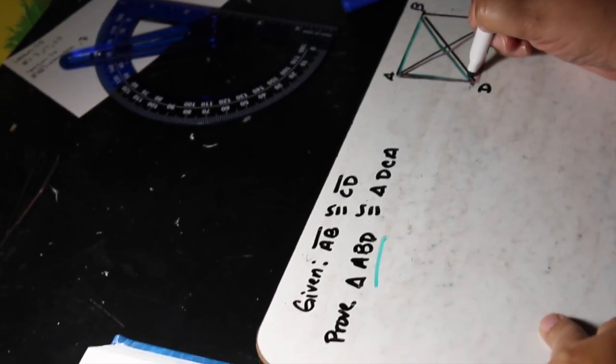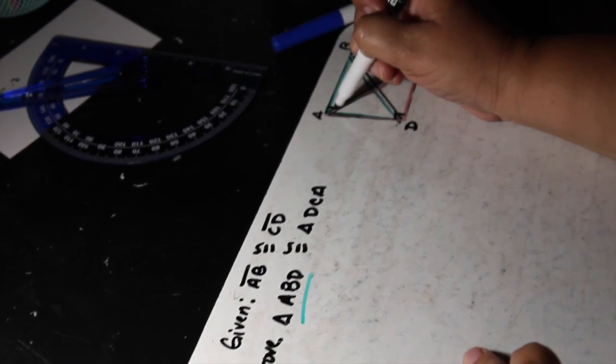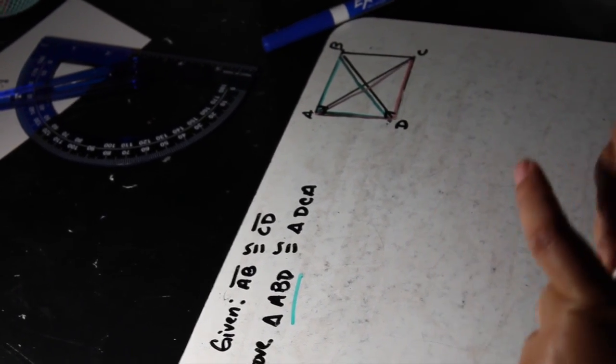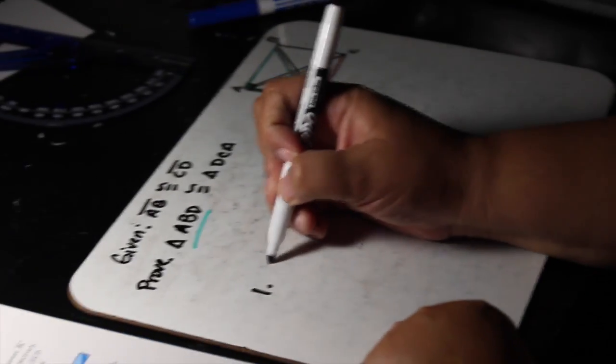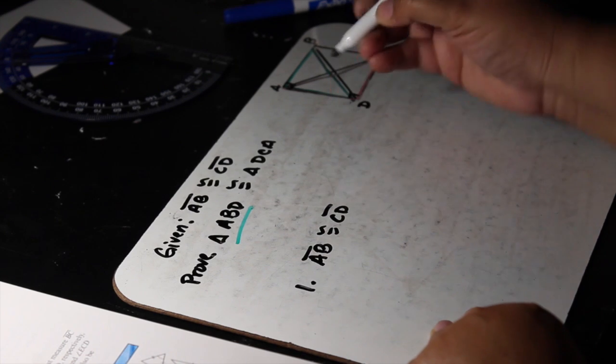However, I didn't mention that they are giving us that angle D right here is a right angle, and angle A is a right angle. Okay, so for the proof, the first one is we're going to write down the given. So AB is congruent to CD, and that's given.